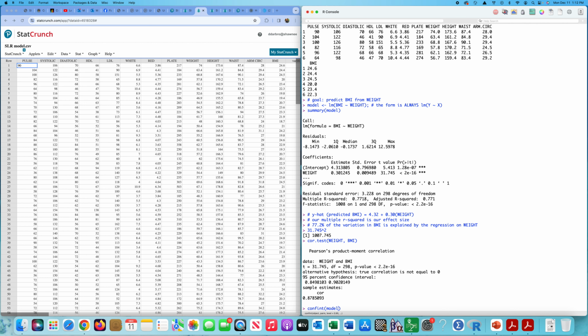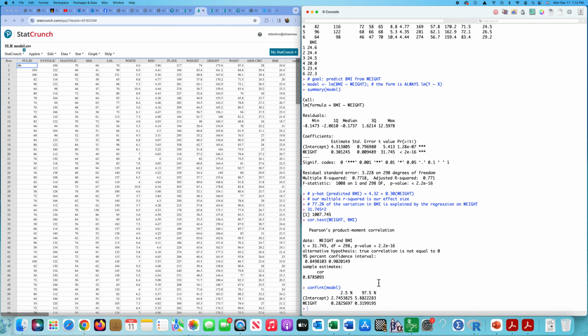So if I do confidence interval for the model, I'll get my confidence interval for my intercept right here, my confidence interval for my predictor right there, and my confidence interval back here for the correlation coefficient. Those are three different confidence intervals, all kind of smack dab into one problem.